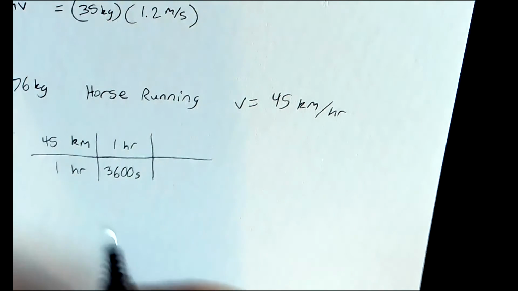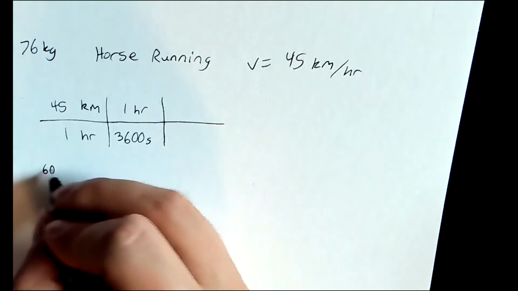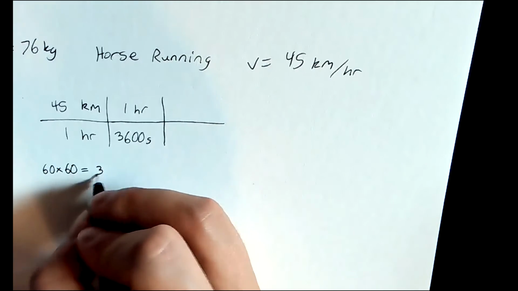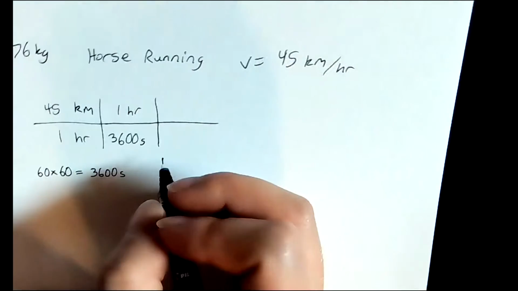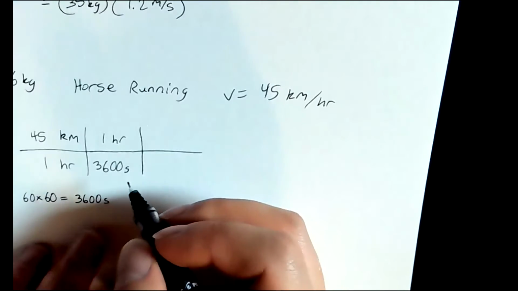So 60 times 60 equals 3,600 seconds. Okay, that's where I got that.